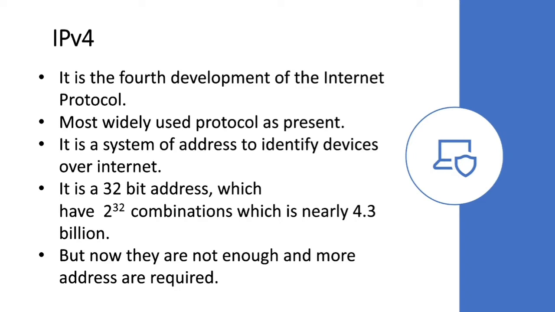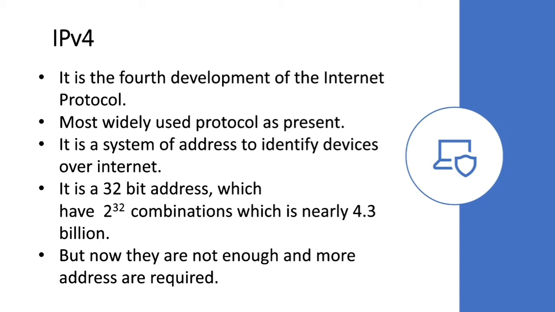And we have around 2 raised to the power 32 combinations of such IP addresses, but these IP addresses are not enough, right? Because nowadays each and every device is internet enabled. Even your smartphones, your tablets, even the IoT devices that are being developed are internet enabled right now, right? So in order to identify them, we have to assign these addresses to them.